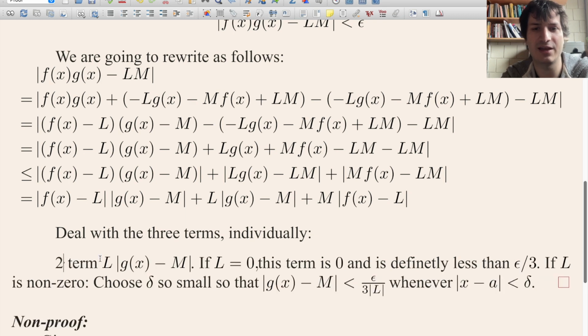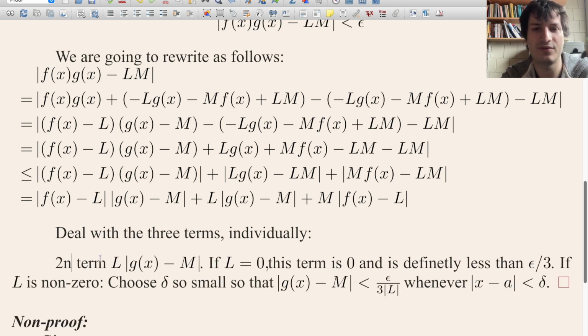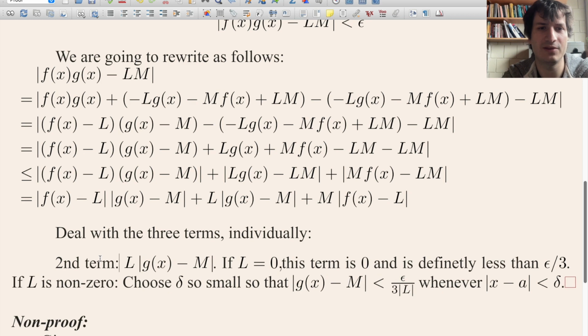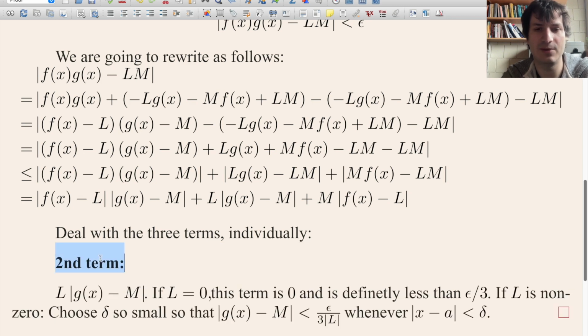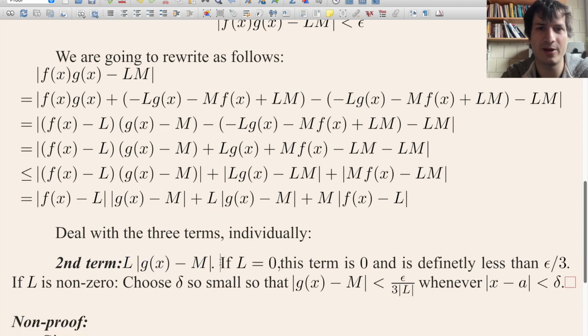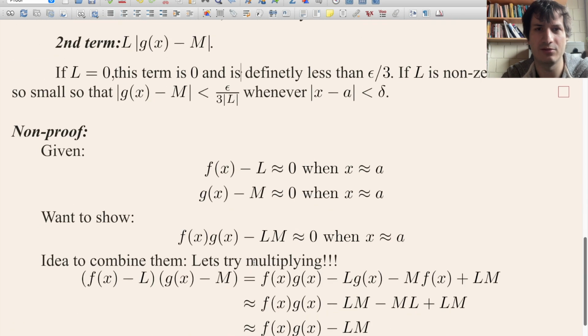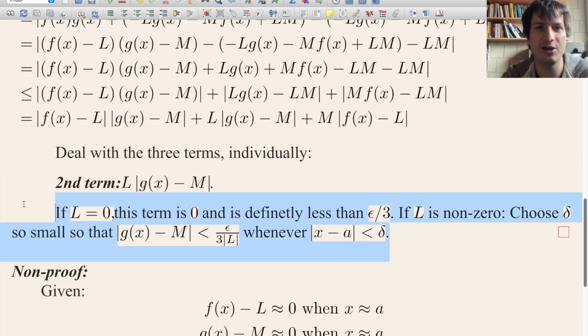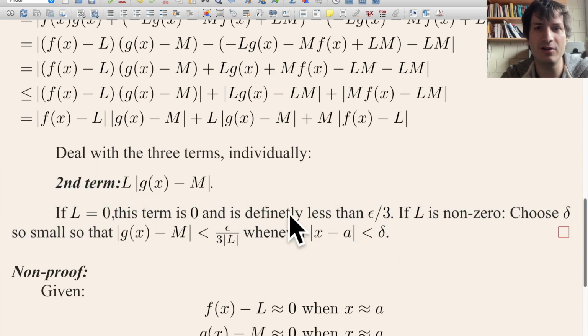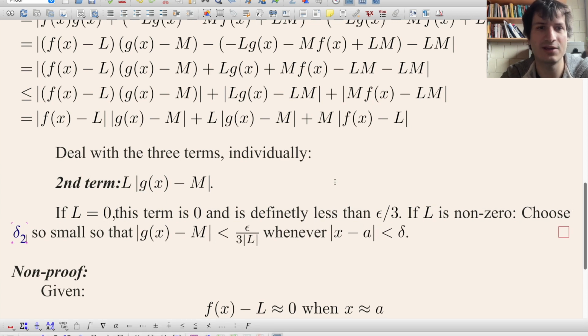I suppose this is the middle term. Let's call this the second term. Let's do a little organizing here. Let's make this the second term, and the second term is this. And here's my little argument for the second term, and let's call this delta 2, because it's the second term.